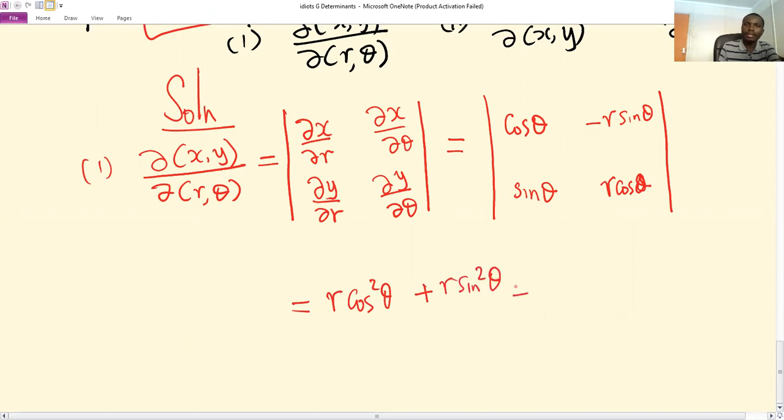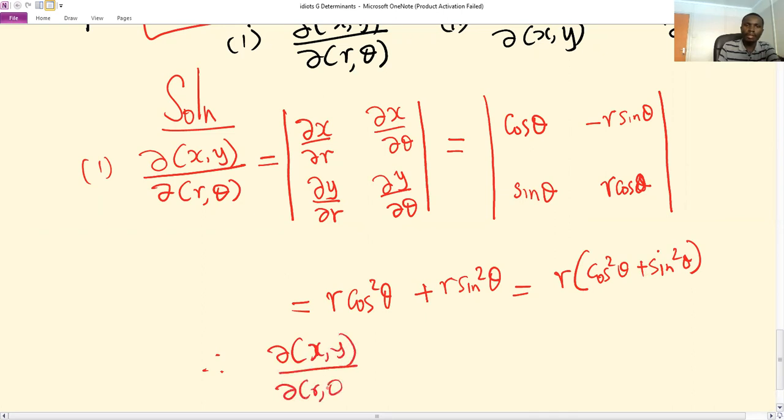In this expression r is common, then cos squared theta plus sin squared theta, and we know that sin squared plus cos squared is 1. So therefore, partial x, y over partial r theta, which defines the Jacobian of xy with respect to r theta, is just r, since this is 1.